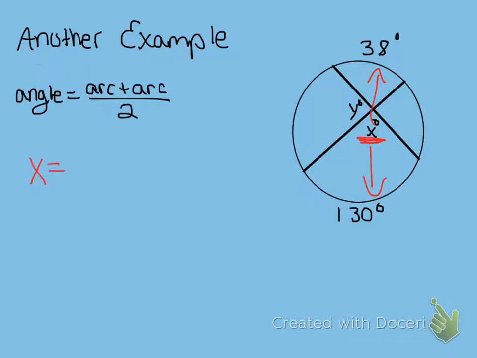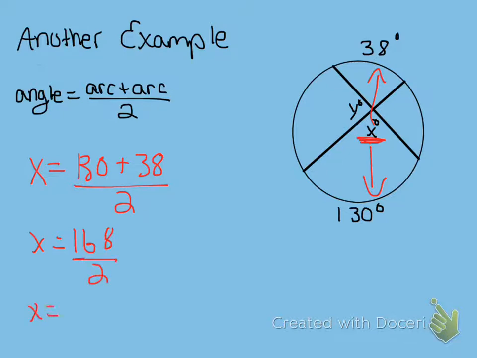X equals arc, so 130, plus arc, 38, divided by 2. So X equals 168 divided by 2, which means that X equals 84 degrees. So now we know that X is 84 degrees. Now to find Y, you should be able to do this one very easily.